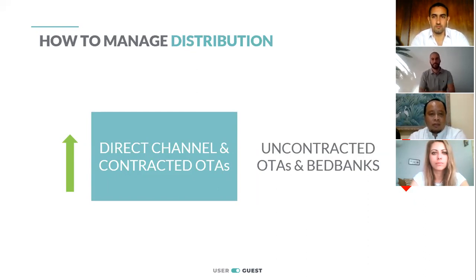Meanwhile, for your uncontracted OTAs and bed banks, as I said earlier, you have to watch them carefully and make sure that they are not appearing. If they are appearing, then you have to raise the case to those who issue the rate, and make sure that our direct channel and contracted OTAs are always increasing.